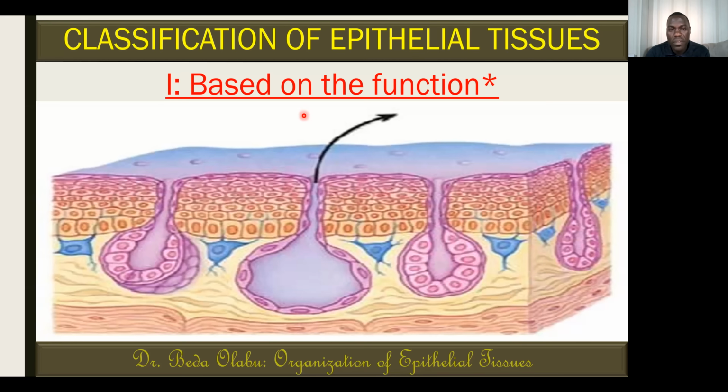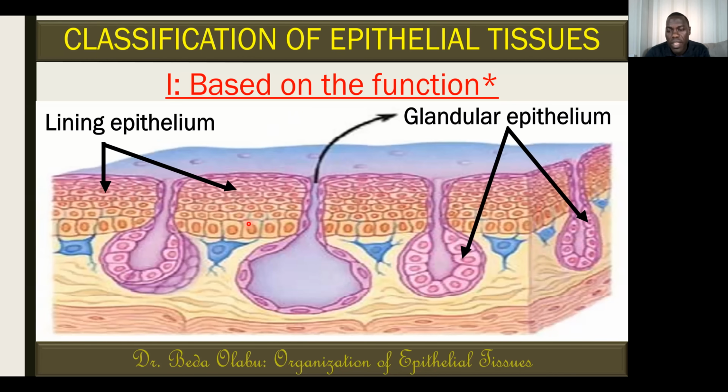And based on function, we have lining epithelium, the epithelium that covers body surfaces, as you can see pointed there. But you also have glandular epithelium, the epithelium that forms glands, as you can see in this image. And this is the overarching classification of epithelium.